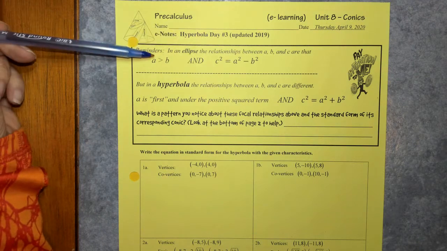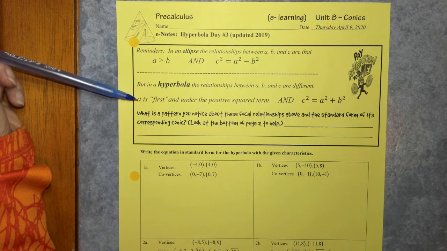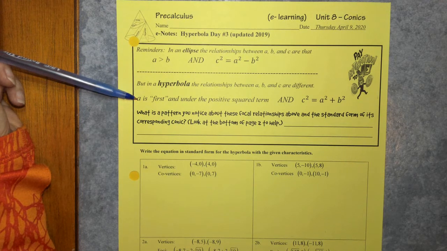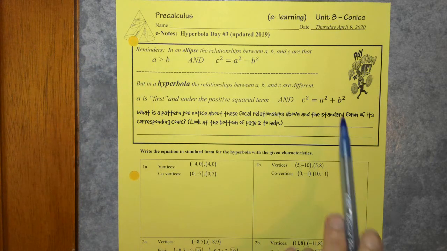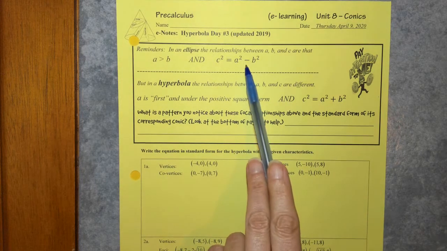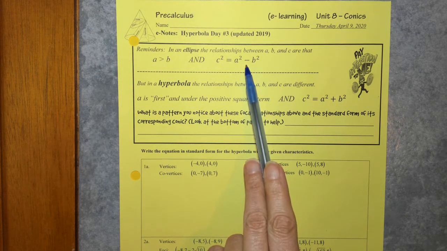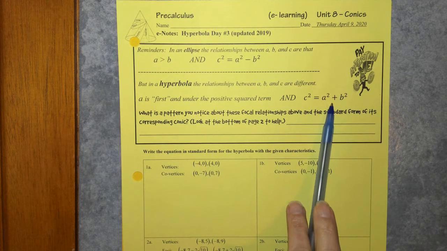So that's what you've been working with. But in a hyperbola, things are going to change. First of all, a is first, right? And we should know that from our graphing expeditions the last few days, and therefore it is under the positive squared term. But we also need to recognize that this formula changes. Whereas in an ellipse, we have a subtraction for the focal relationship, in a hyperbola, the focal relationship is a plus.